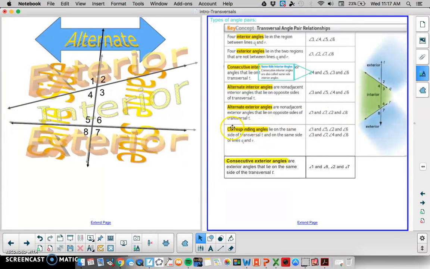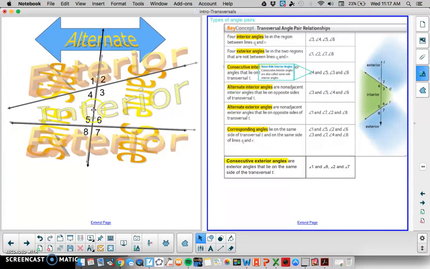Lastly, we have what are called corresponding angles. They lie on the same side of the transversal and in the same position on their line. So, like angle 1 is in the top left of its set, and angle 5 is in the top left of its set down here.